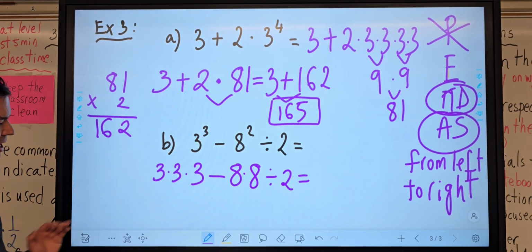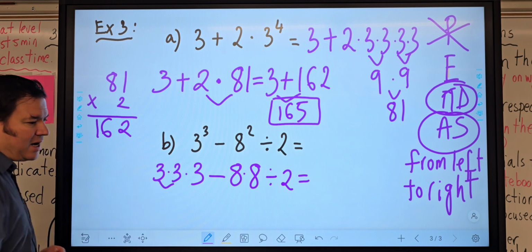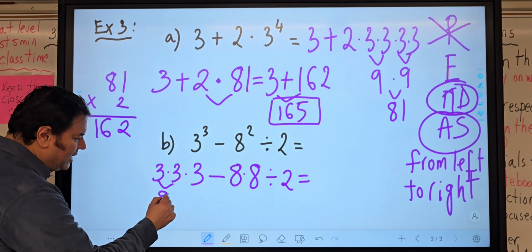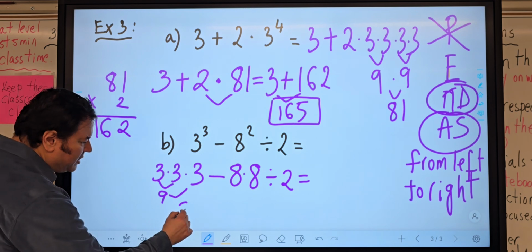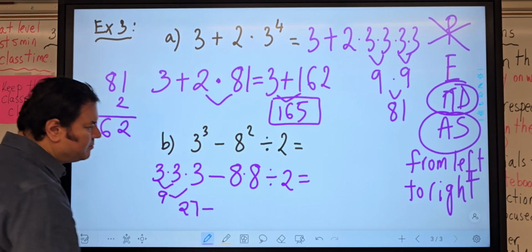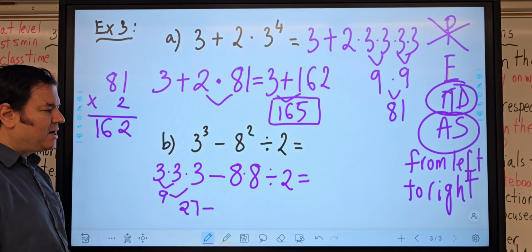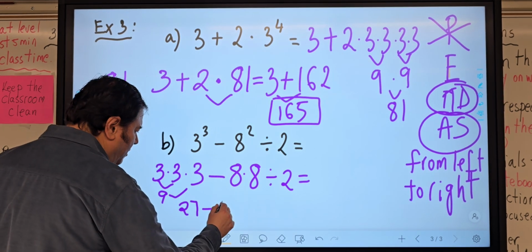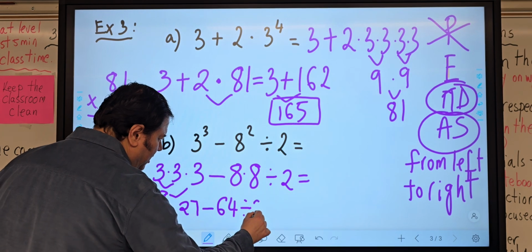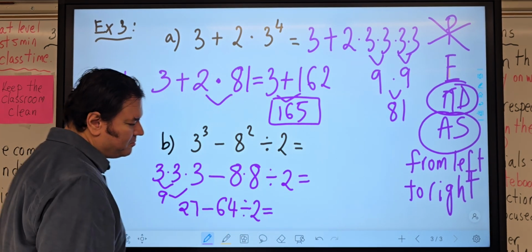So again, we do 2 at a time. 3 times 3 becomes 9. And then 9 times 3 becomes 27. So here we have 27 minus 8 times 8 becomes 64, and then divided by 2.